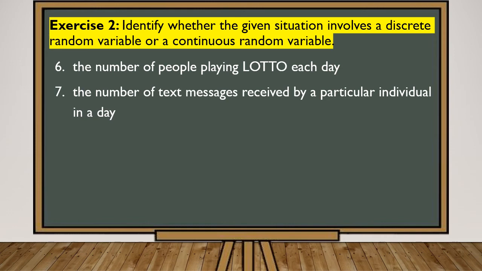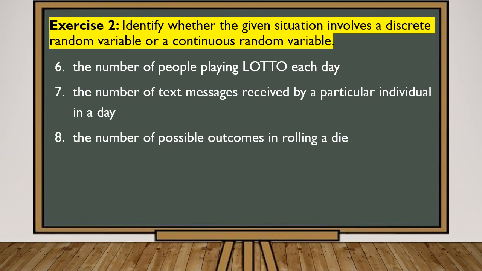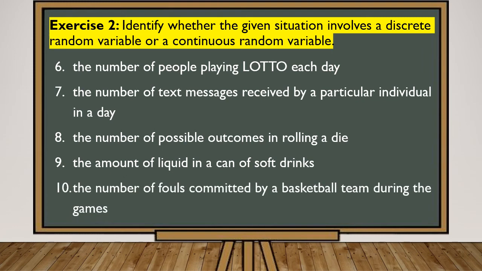Number 7, number of text messages received by a particular individual in a day. Number 8, the number of possible outcomes in rolling a die. Number 9, the amount of liquid in a can of soft drinks. And number 10, the number of fouls committed by a basketball team during the game. So exercise 2 is 1 up to 10.